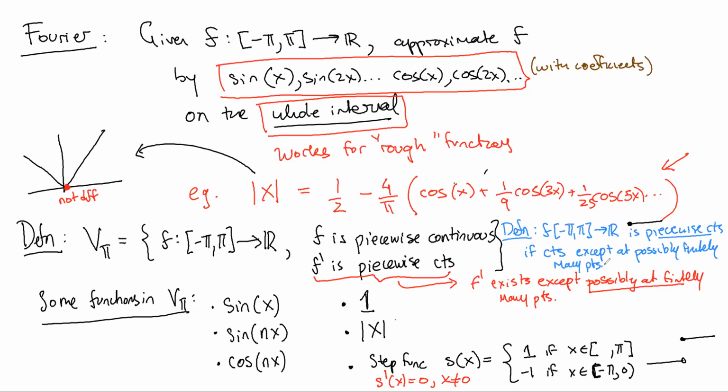All examples here are piecewise continuous. Because if you ignore a finite set of points, they're continuous and the derivative is continuous.